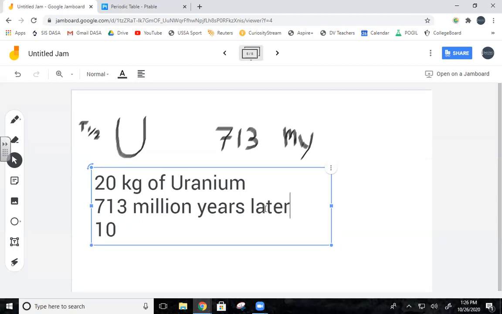I know. 713 million years later, we end up with 10 kilograms. Seems legit.